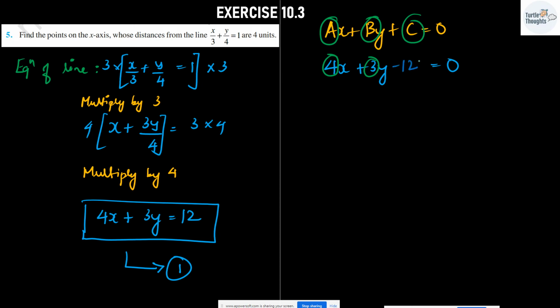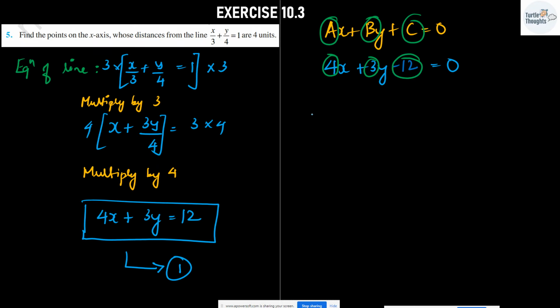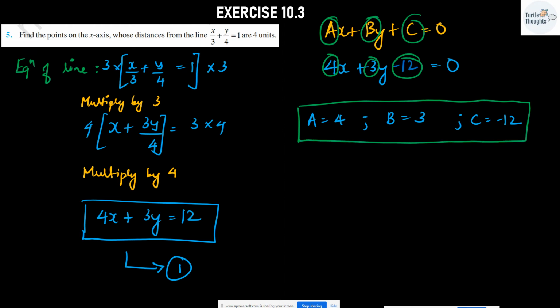A is going to be 4, B is going to be 3, C is going to be minus 12. I have got the value of A, B and C.